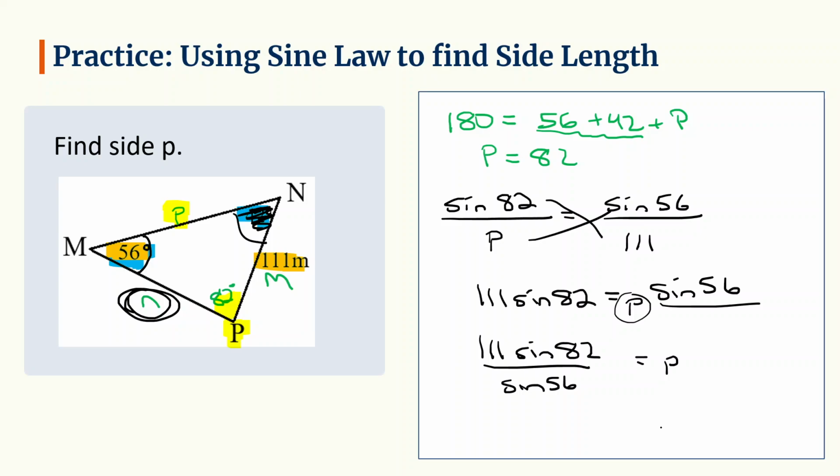And then when I type all that into my calculator, I will know the length of side P. So I get 132.6. And it would be measured in meters because that's the side length I'm given. And 132.6 kind of makes sense with a diagram. I could never measure a diagram in high school, but I can approximate it. They should be reasonably accurate. So that is the length of side P.